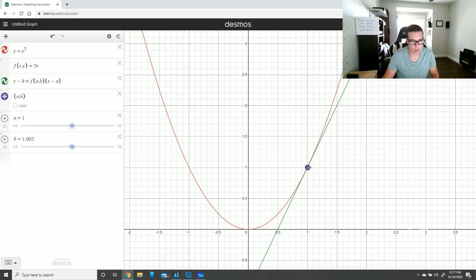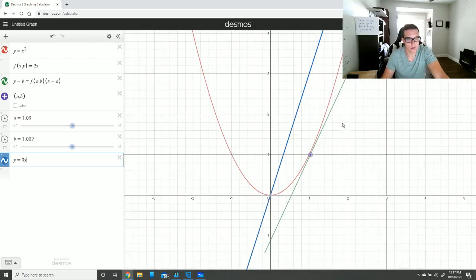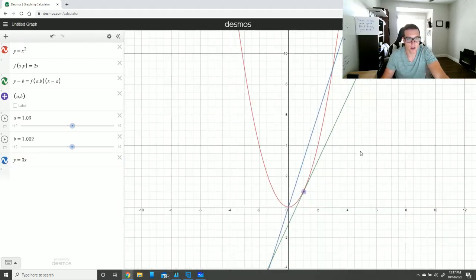If I created a secant line from 0 to 3, which I'm also going to do, y equals, the average rate of change was 3x. So from 0 to 3, there's my average rate of change. Line, secant line. So there's got to be some point where the derivative or tangent line matches up with that.